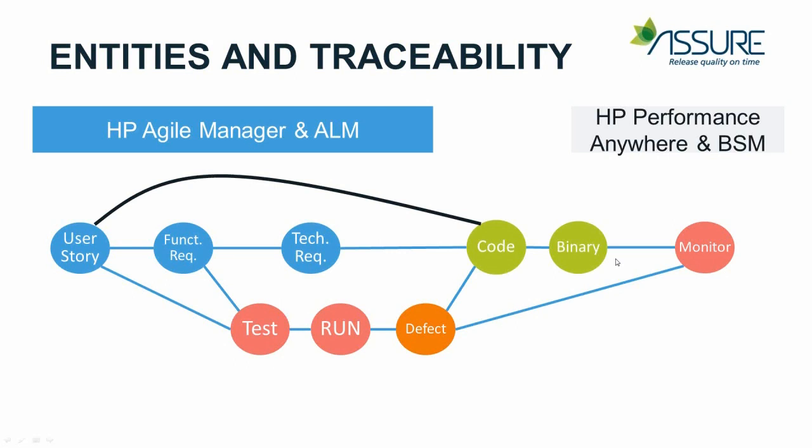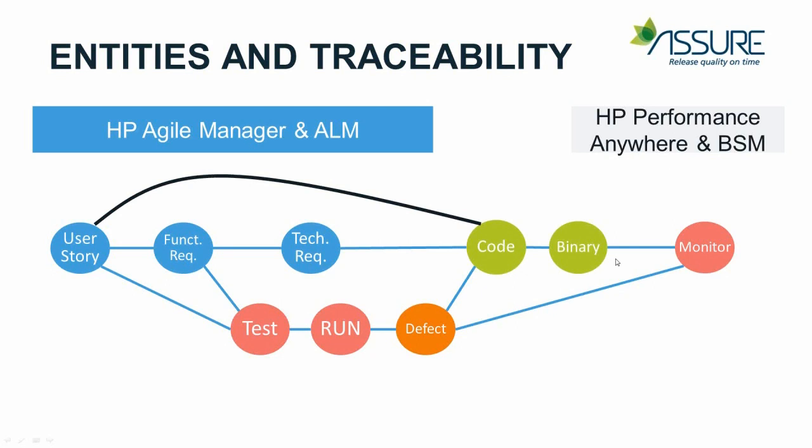Now, after 3 years of ALM, we found out that we had reporting requests from a lot of people, and it was very hard to accommodate all of the requests.